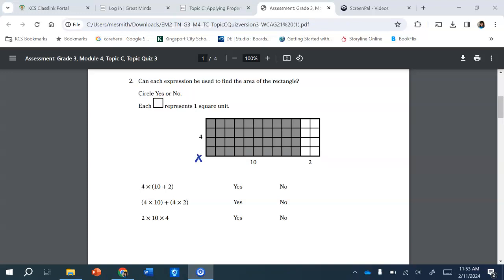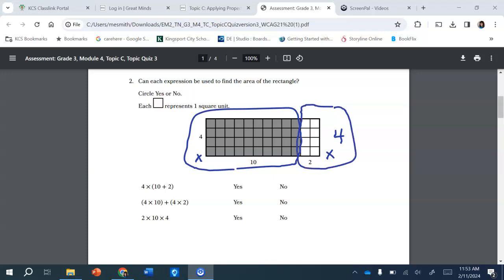And then if we look at this white section over here, it would be a 4 times 2. And that is an area for one part, and then an area for a smaller part.